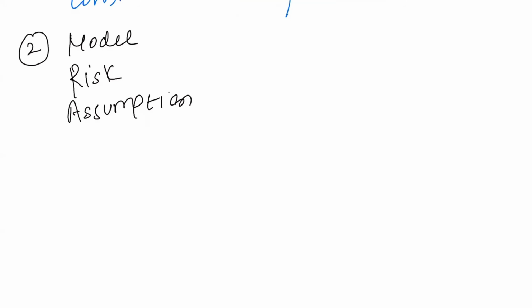When this happens, it often leads to potential inaccuracies. So you need to make sure whatever assumptions you are taking actually match the market conditions. When the conditions are not met, a model risk actually occurs.